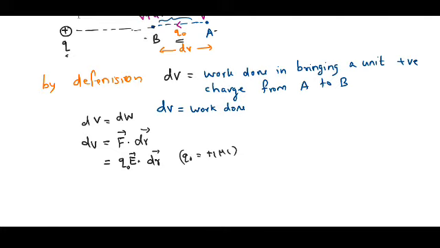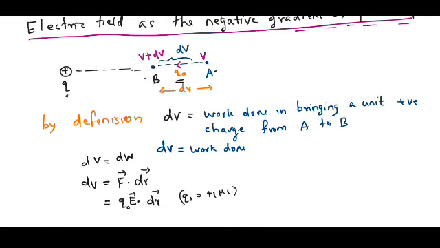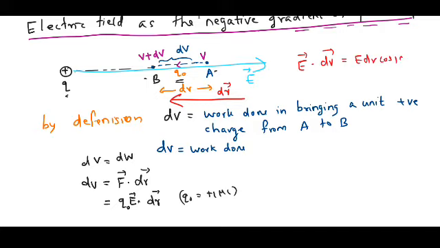If you see the figure, the electric field coming from this positive charge will be along this direction, but the displacement, we are bringing the charge towards the left direction. This displacement of the charge is towards the left. Therefore, E and dr make an angle of 180 degree. E dr cos 180 will be minus E dr.